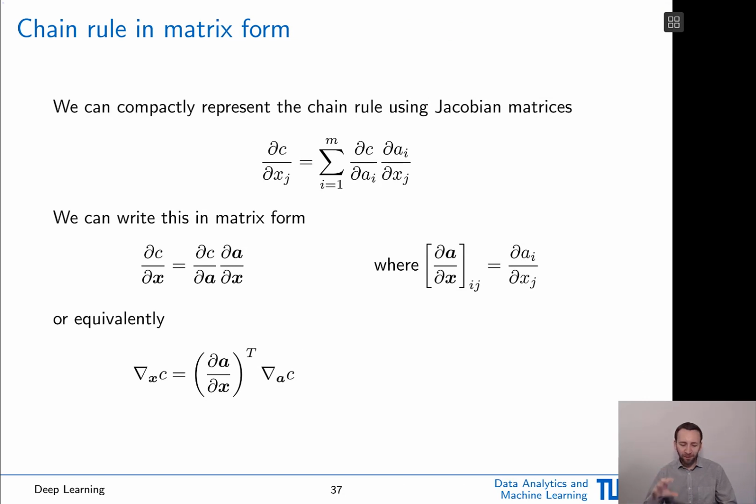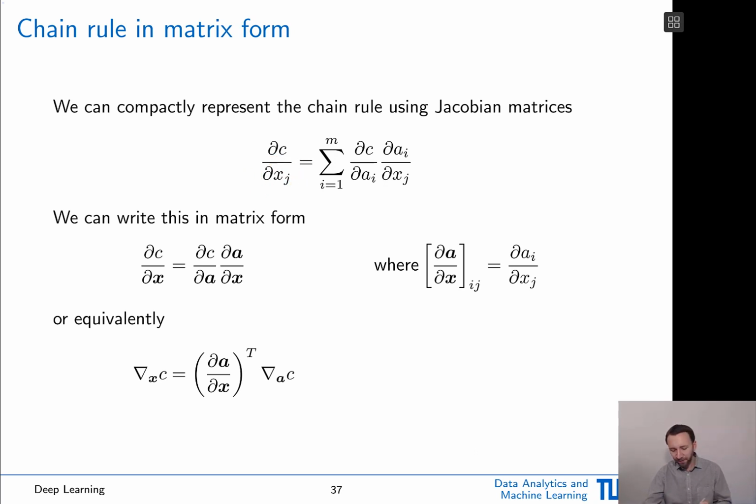So what we have seen before was this chain rule, or this multivariate chain rule, even. And now we can represent this also in a matrix form using the Jacobian. So let's look at an example. Let's say we have a function c, which is a scalar again, let's say our loss function, which produces a scalar. And we want to know the derivative with respect to some variable xj.